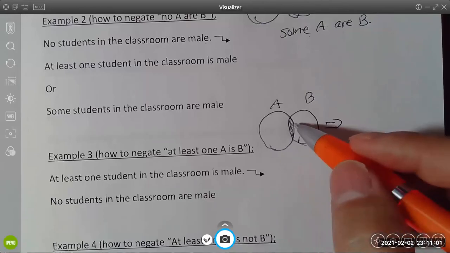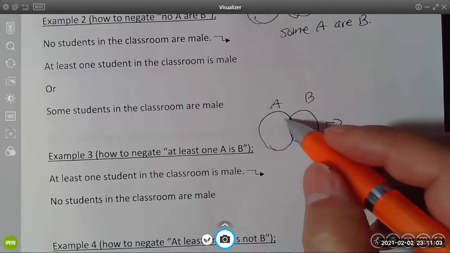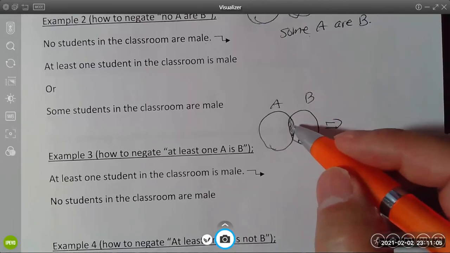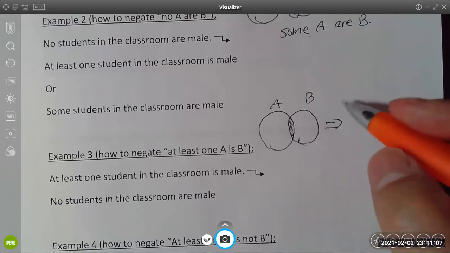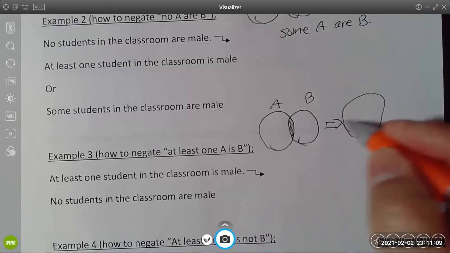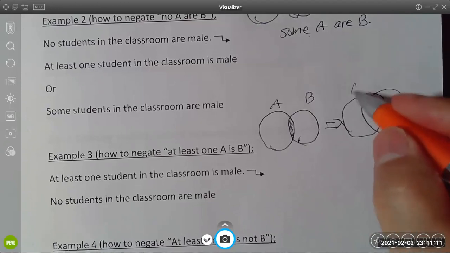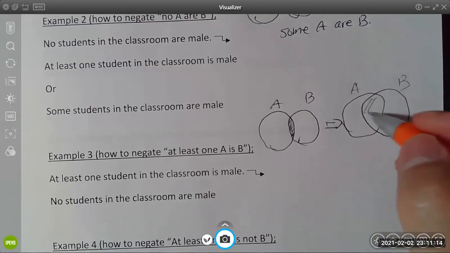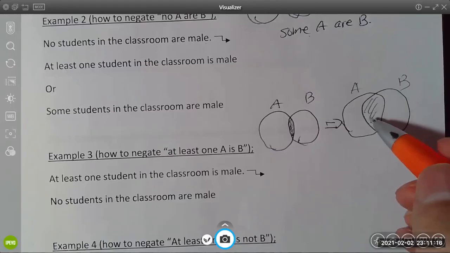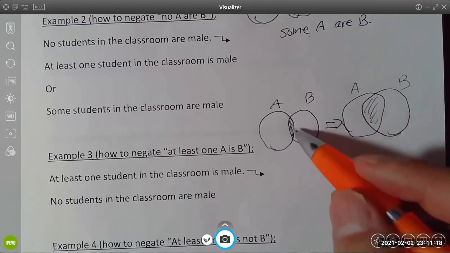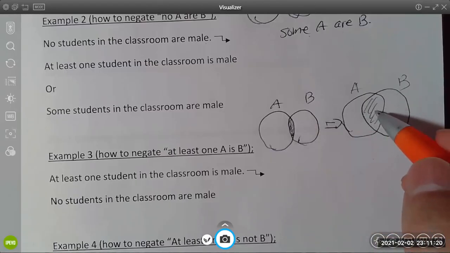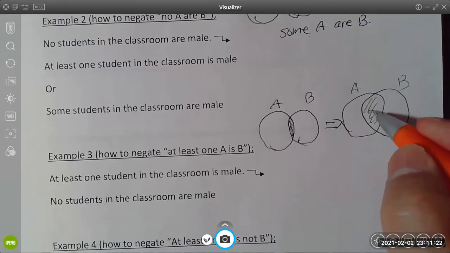If you move it so that A and B overlap more, such as this one, it is still consistent with the original statement, because in this situation you can still claim some A are in B, at least one in A that is in B, right?